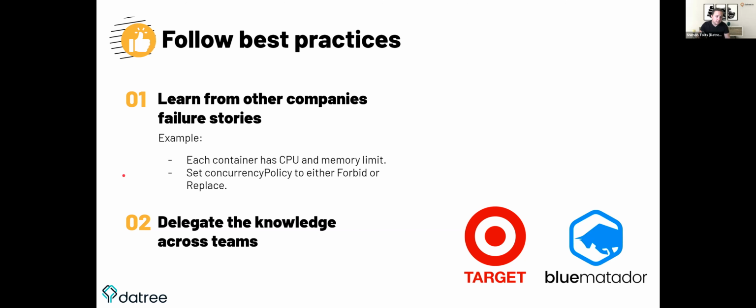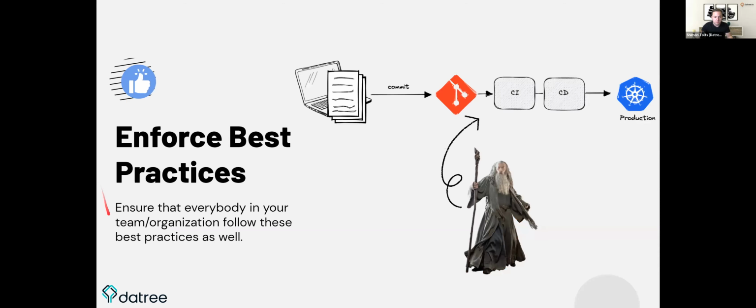And the second thing is that you need to delegate the knowledge to your teams, because just knowing that it's a problem is a good start, but how do you delegate those things to your teams? We believe that enforcing best practices and providing guardrails is the way to go.